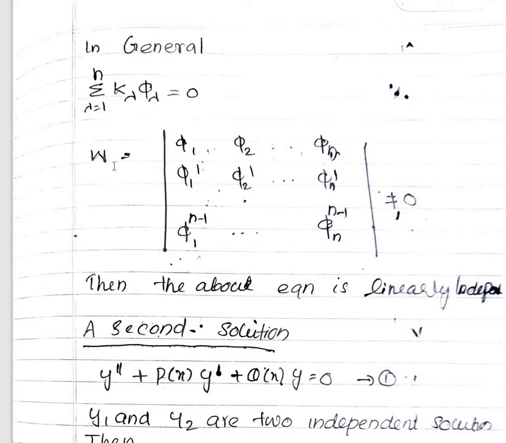The Wronskian W is given by phi 1, phi 2, up to phi n; phi 1 dash, phi 2 dash, up to phi n dash; we have to differentiate till n minus 1, so phi 1 of n minus 1 until phi n of n minus 1, and we take its determinant. If it is not equal to 0, then these phi lambdas are linearly independent.